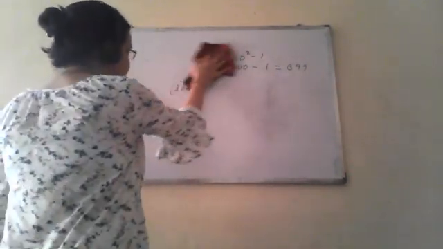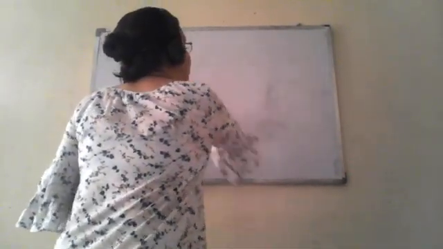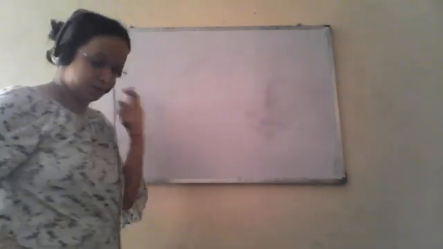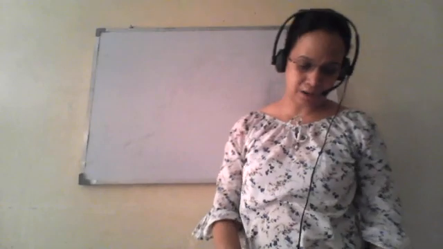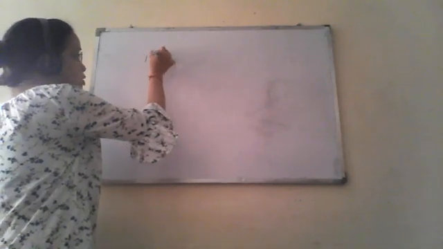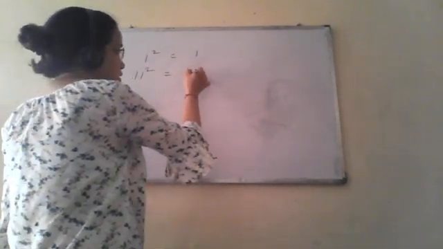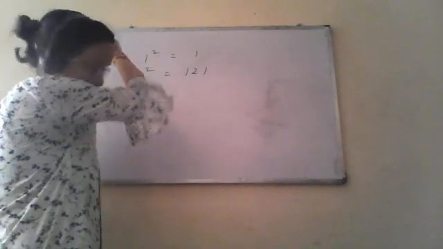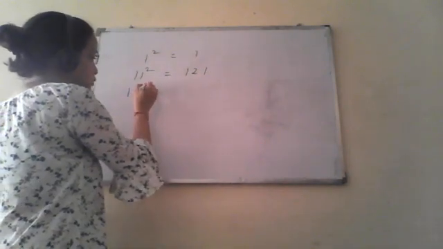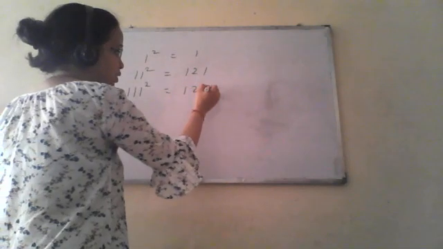Now there are some patterns, because there are some questions where, on looking at the pattern, we have to complete the numbers. If we talk about 1 square it is 1, and 11 square is 1 2 1. 111 square is 1 2 3 2 1.